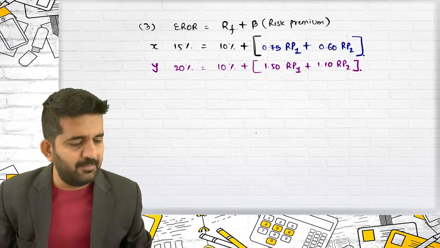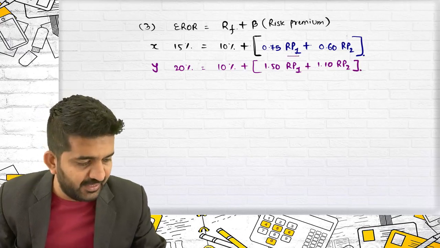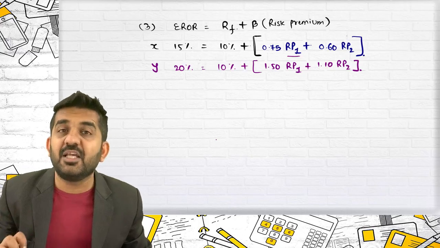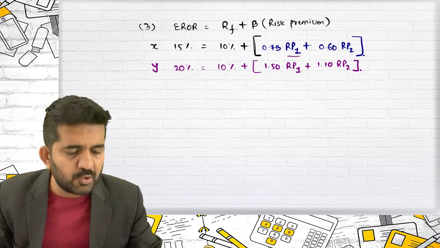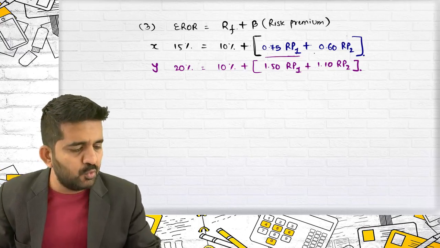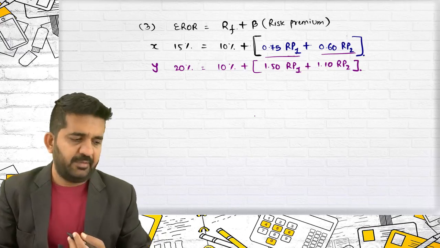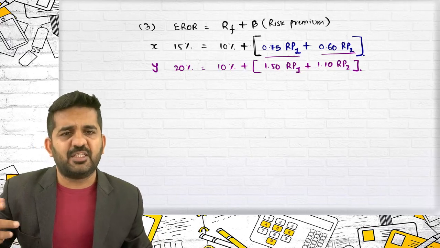By the CAPM model, in the CAPM model we do RM minus RF, agreed. If there is only one beta, beta into RM minus RF, that is nothing but a risk measurement into risk premium. Here also I am doing the same thing, but as there are two risk factors, I am adding 2 times instead of 1 time. Now solving this is not very difficult, there are 2 variables and 2 equations.